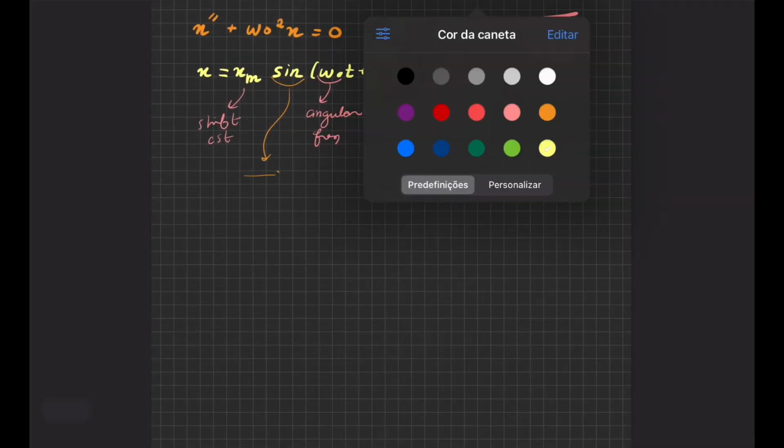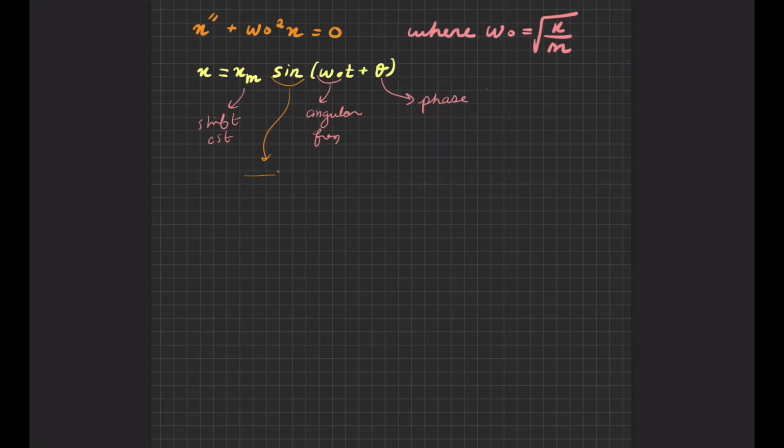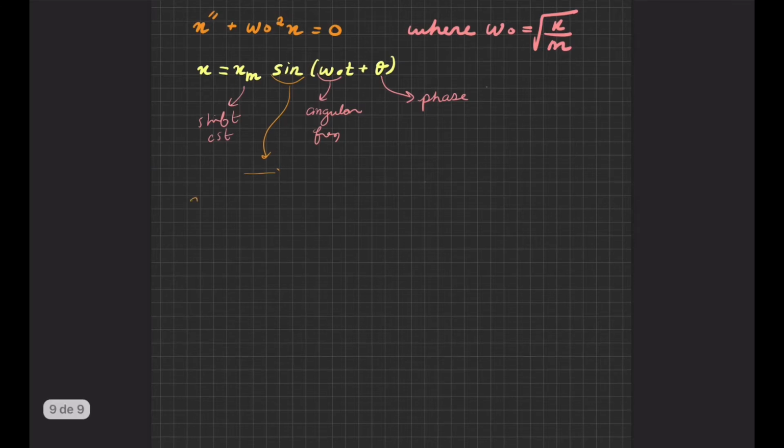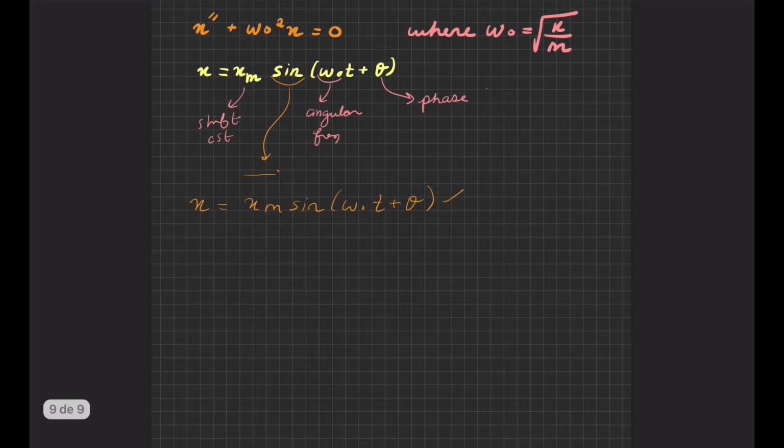Okay, let's continue now. Let's choose this color. So this here, x equals xm sine omega 0 t plus theta, is also called an equation of motion, but it is not in terms of x, it is in terms of time.